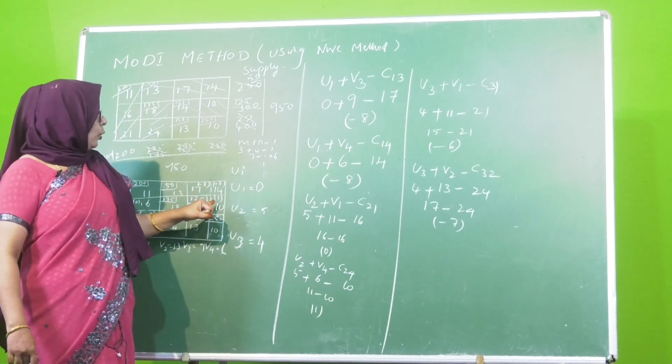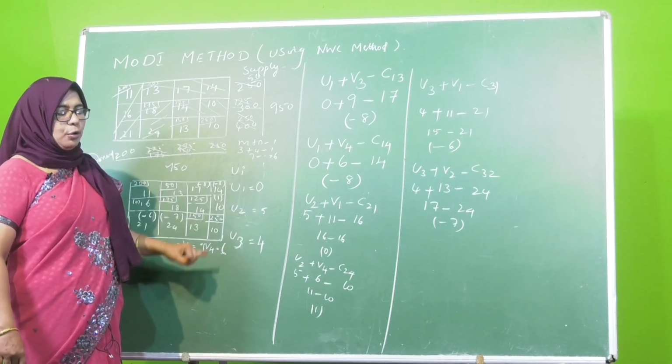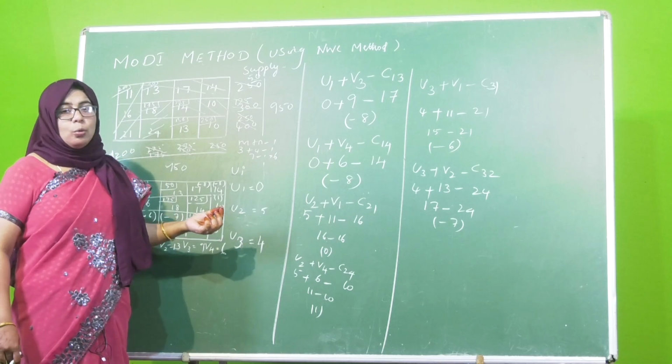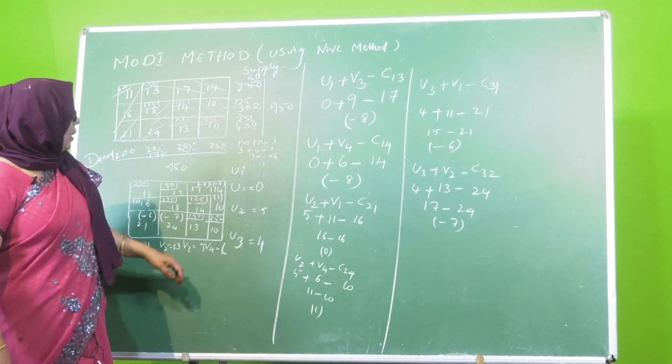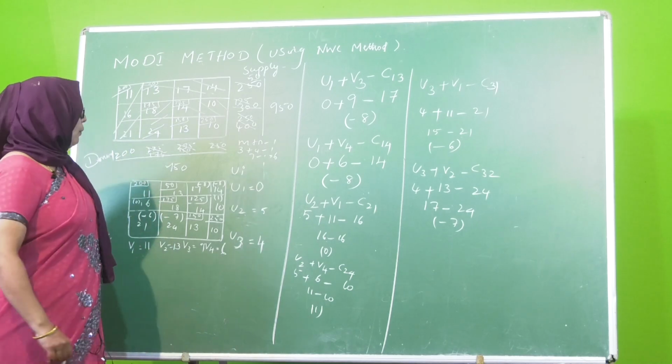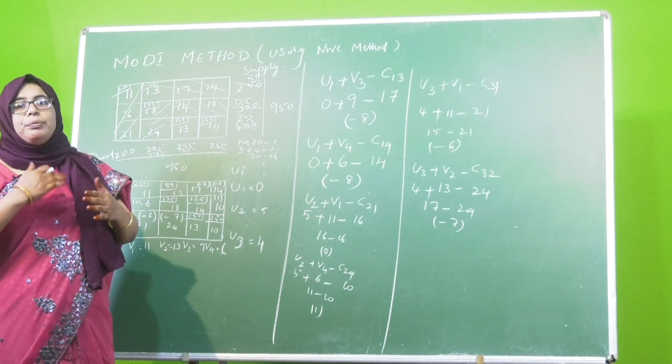So now we select this cell value, because among dummy values we select only the positive value, which is 1. We have to form the loop.